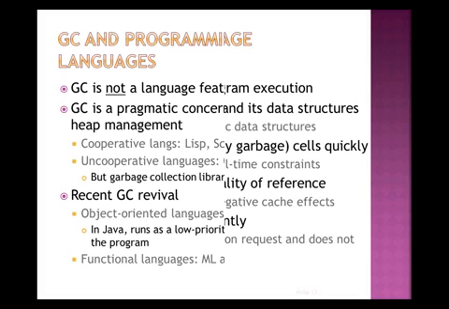Then the cooperative languages are Lisp, Scheme, Prolog, Smalltalk, which are cooperating languages with the GC. Next, the uncooperative languages that cannot cooperate are C and C++.